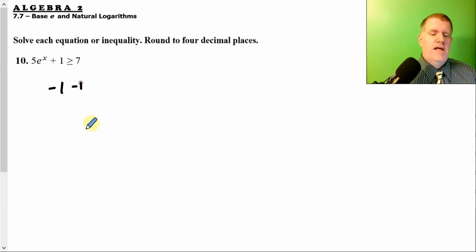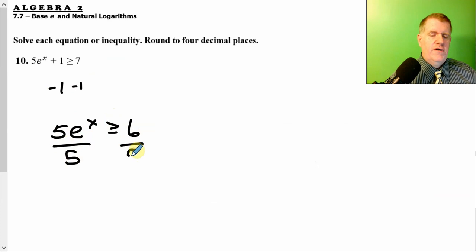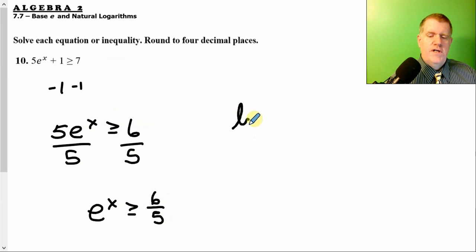Subtract 1 from both sides. Leaves us with 5. E to the x is greater than or equal to 6. Divide both sides by 5. I get e to the x is greater than or equal to 6/5. So I'm going to take the natural log of both sides. The natural log of 6/5.